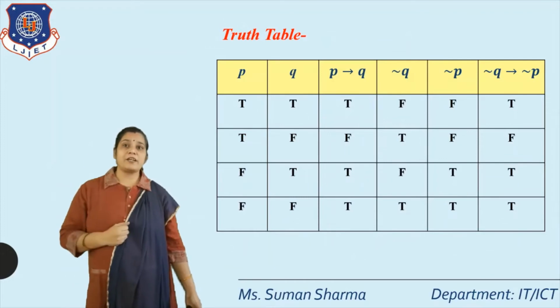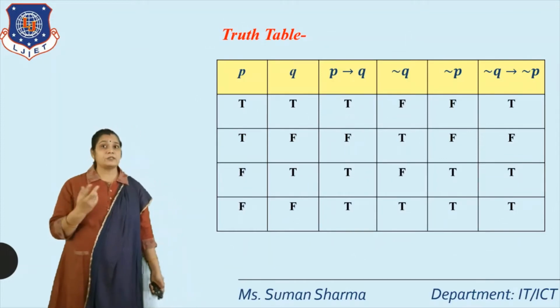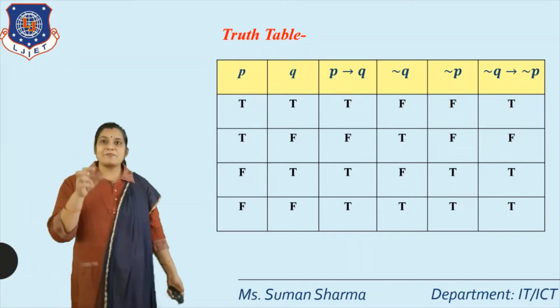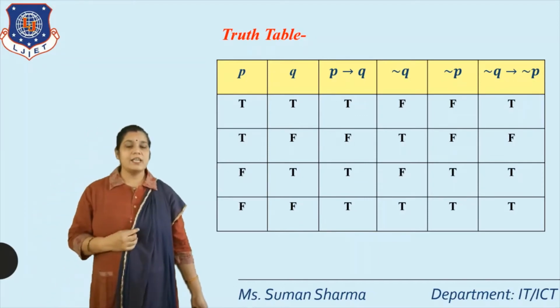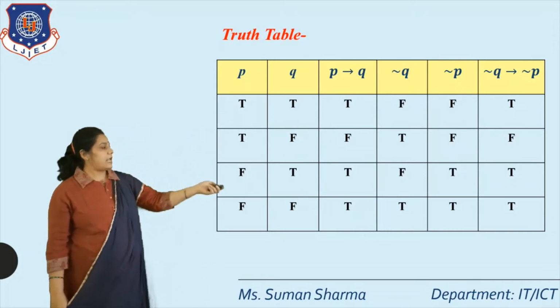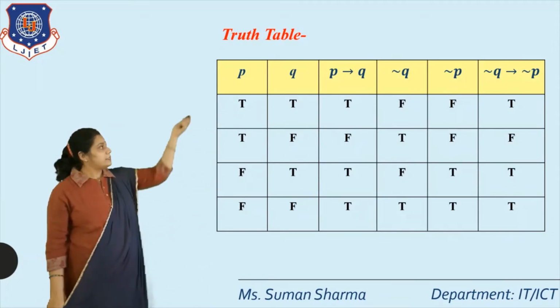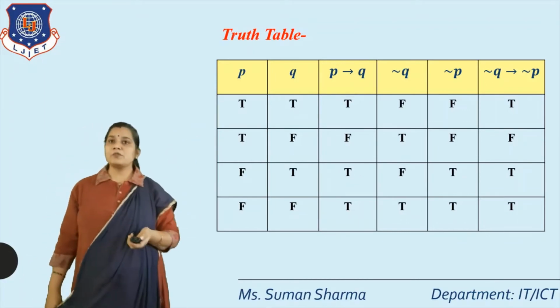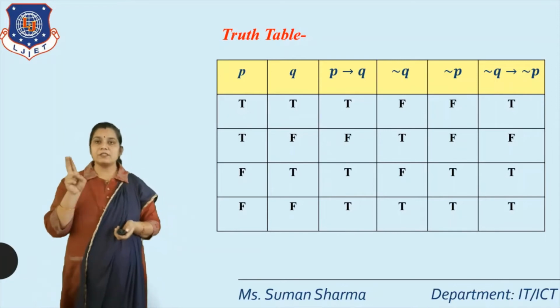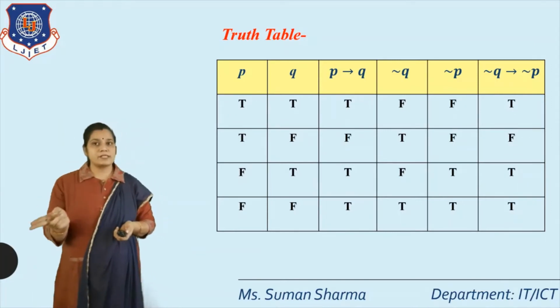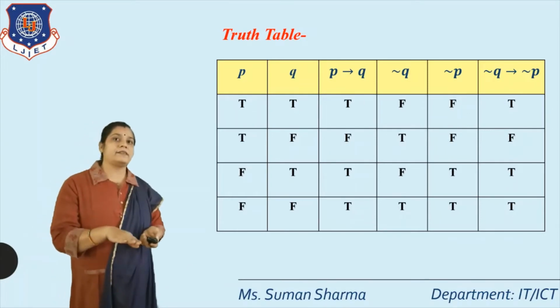So first we find out the truth table. That means with the help of the truth table, we find out whether both statements are contrapositive. So here we write P: T, T, F, F, and Q: T, F, T, F. And P implies Q. If both statements are true, you write true. If both statements are false, again you write true.